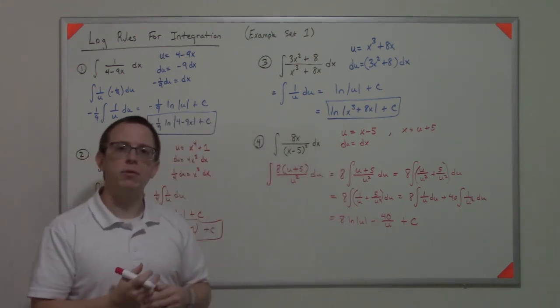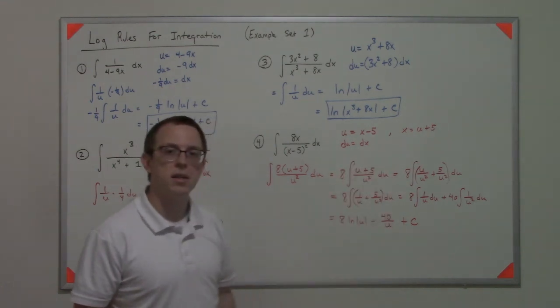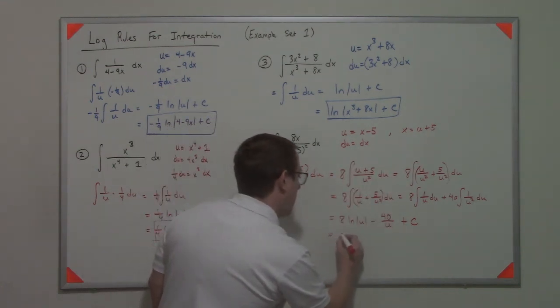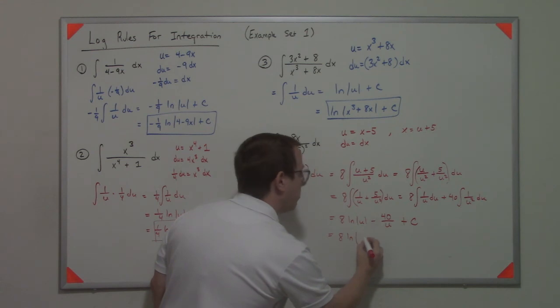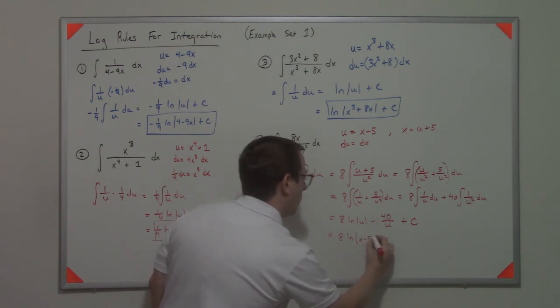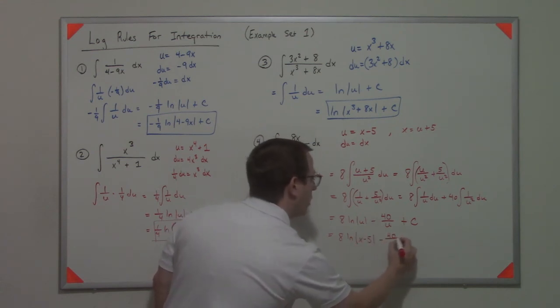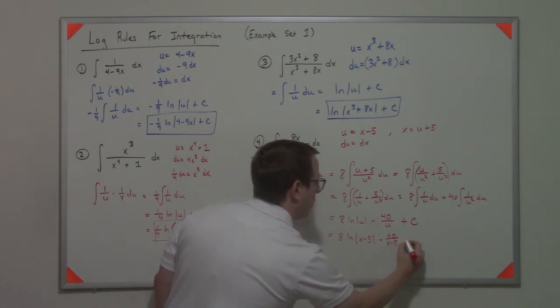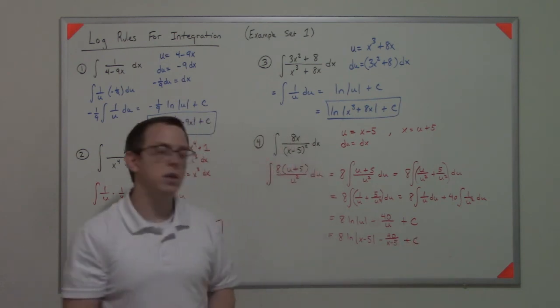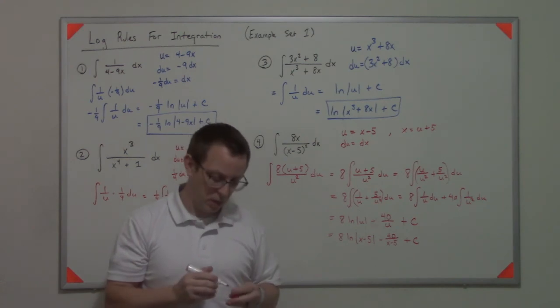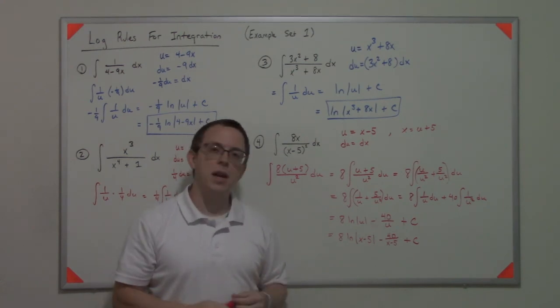So then we have u's, we need to go back to x's. So we're going to say that's 8 times the natural log of the absolute value of x minus 5 minus 40 over the absolute value of x minus 5 plus an arbitrary constant. So that's a little tricky, but that's kind of the way it goes sometimes.